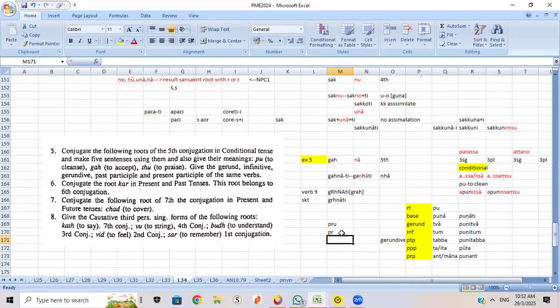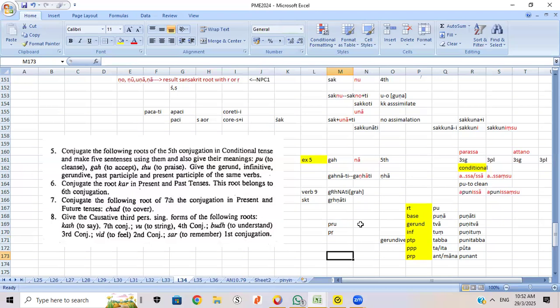You can pronounce it as pre, pru, pr, depending on the next consonant. I don't know exactly because I cannot find the Sanskrit, so I just use the Pali construction.